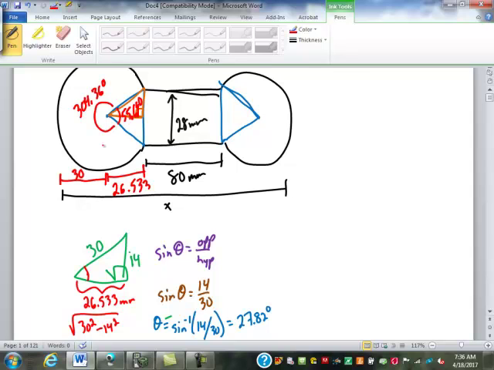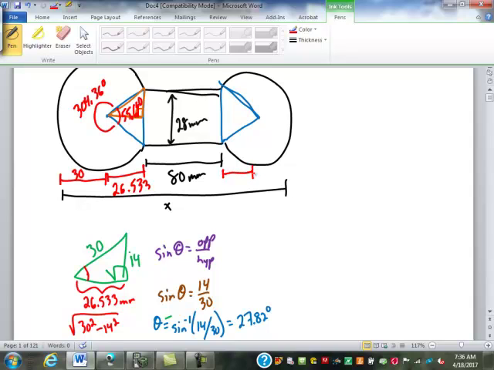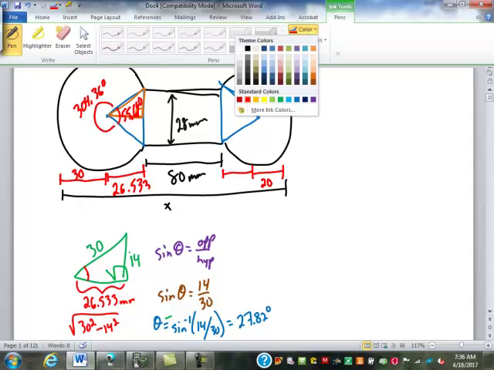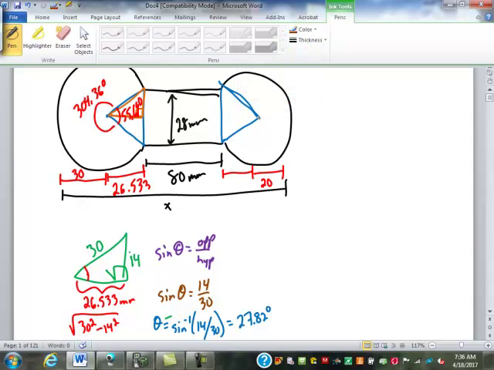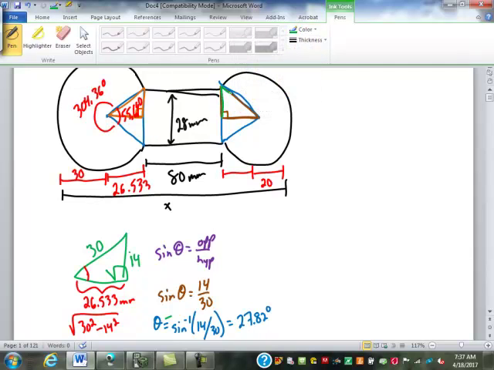And now we're over to the other side. We're going to find this dimension. Of course, we know this dimension is 20. We've got to find that one. So once again, we're going to cut this in half so we can look at these. We're going to look at this triangle here. So this is 20, this is 14.